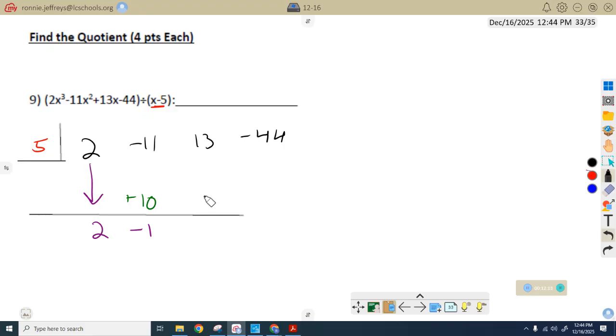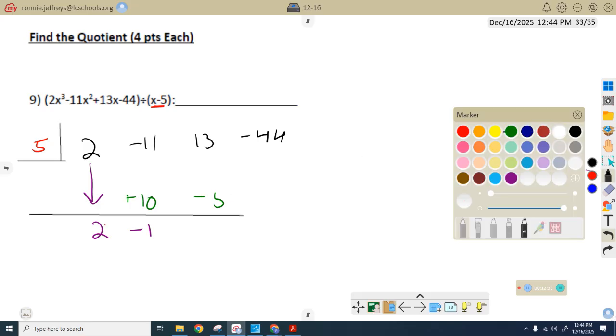That's not supposed to be 6. That's supposed to be 5. Where would we get 10 from? Oh, 5 times 2 is 10. 5 times negative 1 is negative 5. Okay.